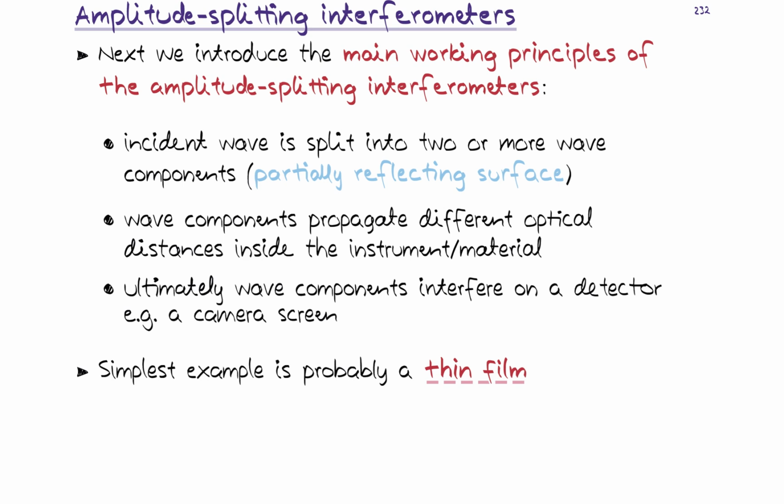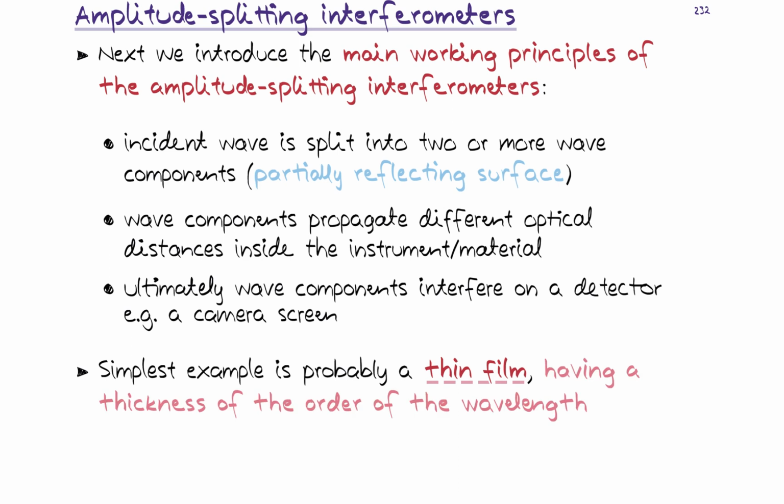And by far the simplest possible scenario to consider is a thin film, and this is a very beautiful example. It's a simple structure, and this is also highly relevant because we can find so many different kind of thin film configurations in nature. So for example, in many of the tail feathers of birds, we have structural coloration arising from the fact that somehow biologically the bird feathers look like thin film structures.